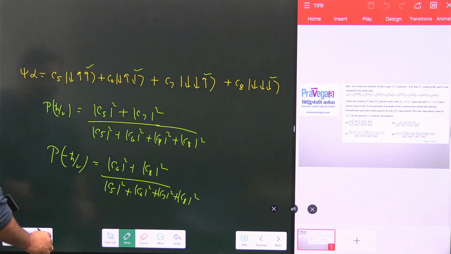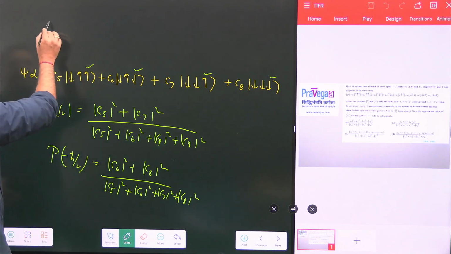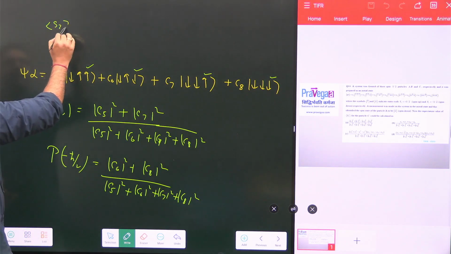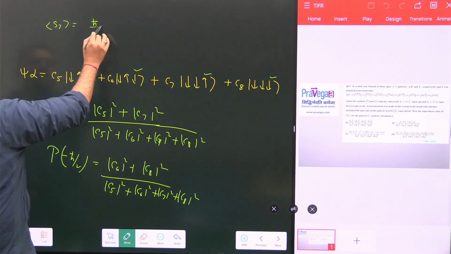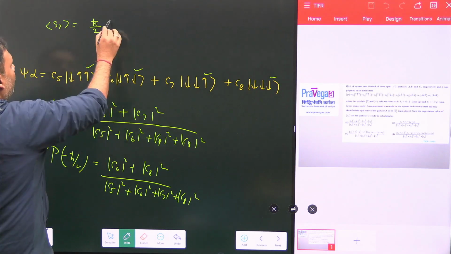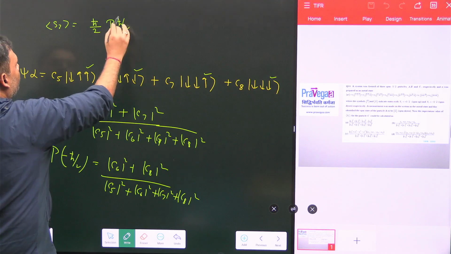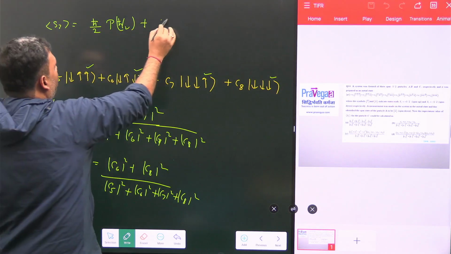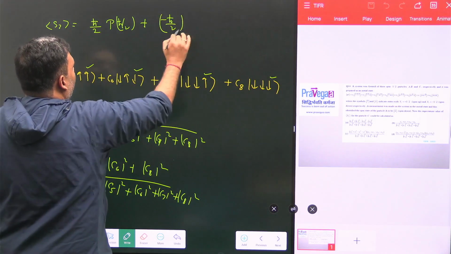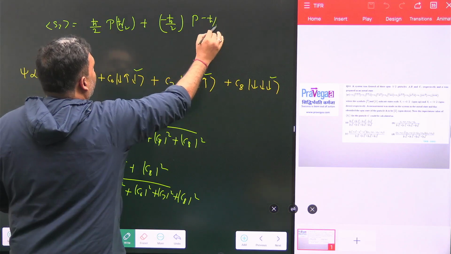When we calculate the average value of Sz, it is equal to h cut by 2 into the probability of h cut by 2, plus minus h cut by 2 into the probability of minus h cut by 2.